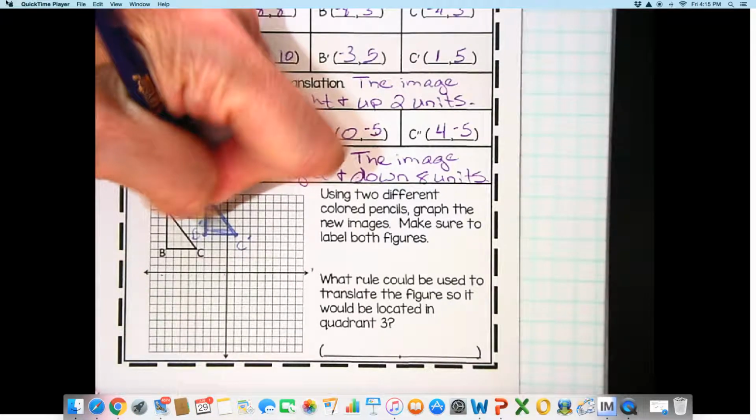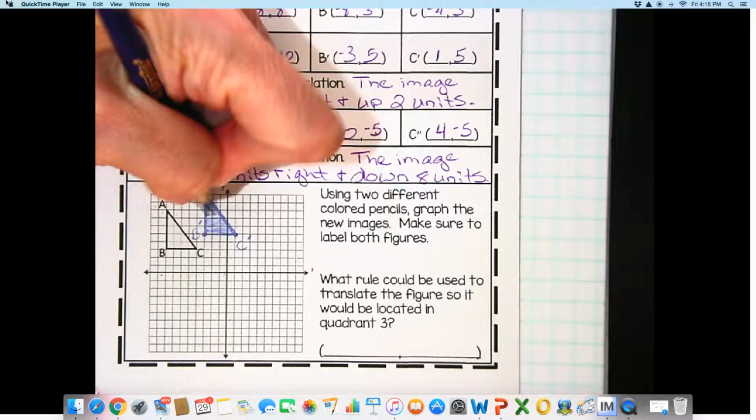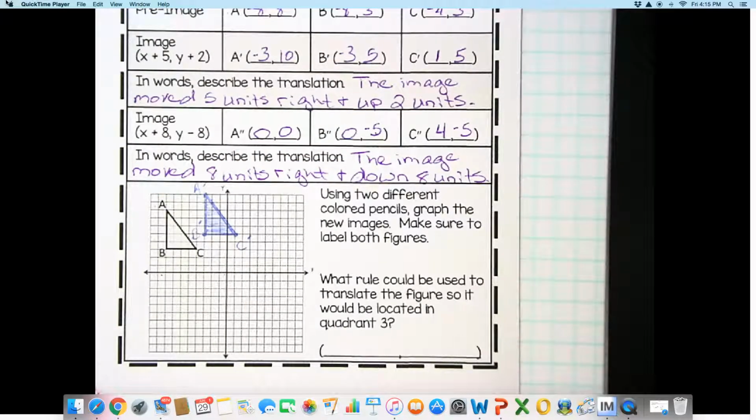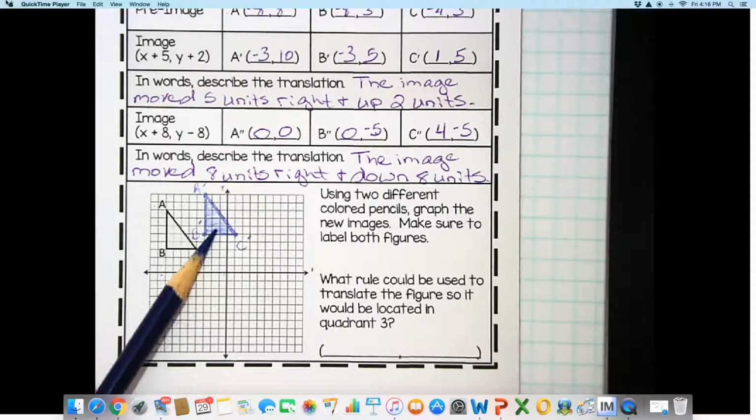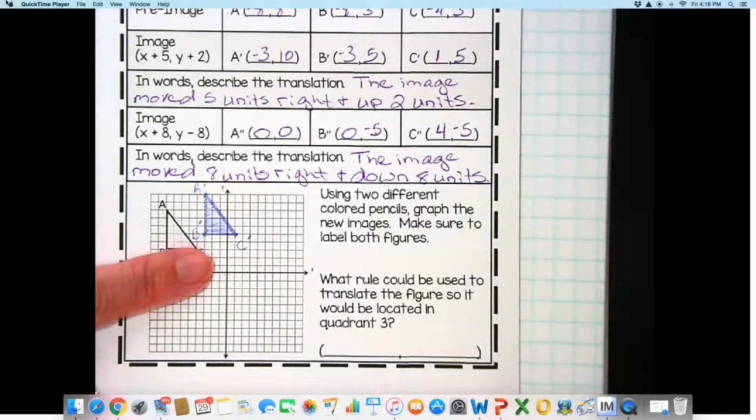And this should be my new image. So it should look like we took this shape right here and we moved it to the right 5 and up 2. We just slid it over 5 and we moved it up 2. It's the same shape, it's the same size, it's just been slid over a little bit to the right and a little bit up, okay?